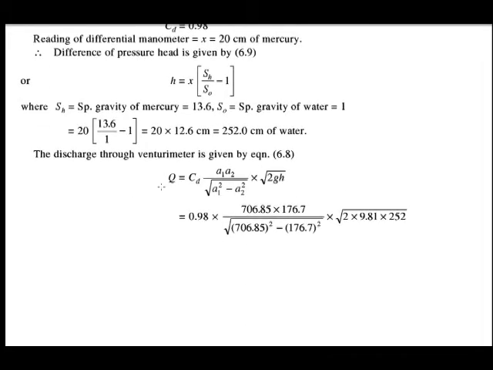The formula for this is Q is equal to CD into A1A2 upon under root of A1 square minus A2 square, into under root of 2GH.